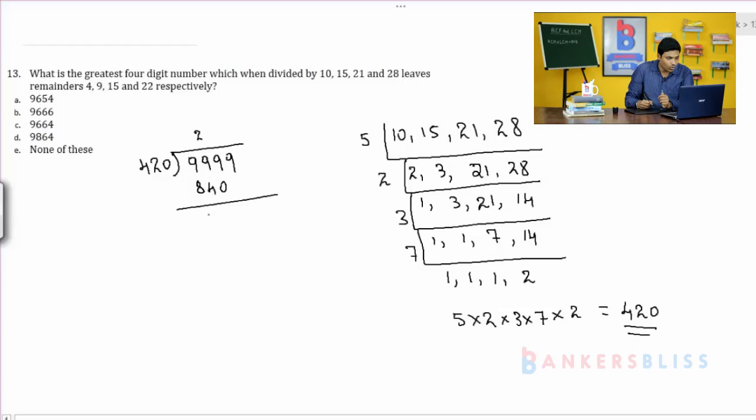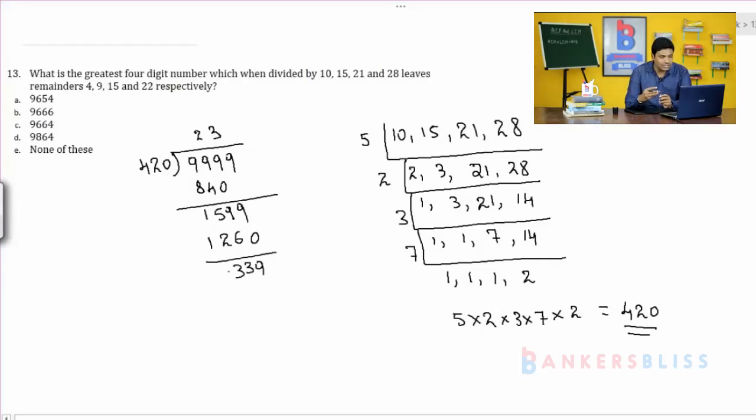What is the remainder? 159. Next 9 you write here. 4 4s are 16, so 4 times is more than 1599. So you have to do 3 times. 3 zeros are 0, 3 2s are 6, 3 4s are 12. So what is the remainder? 339 is the remainder.